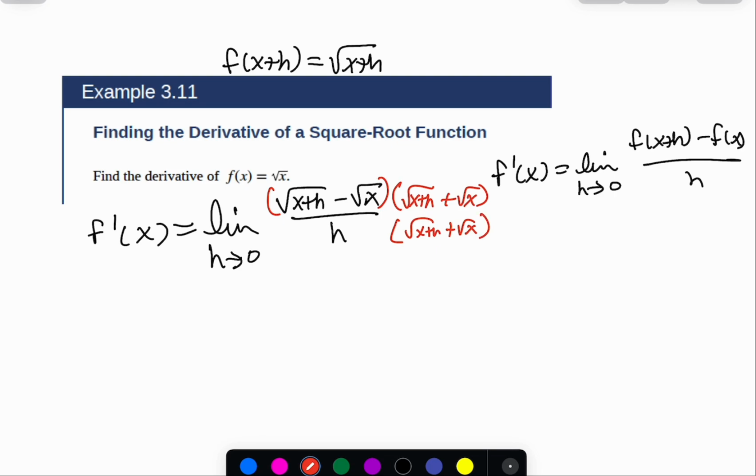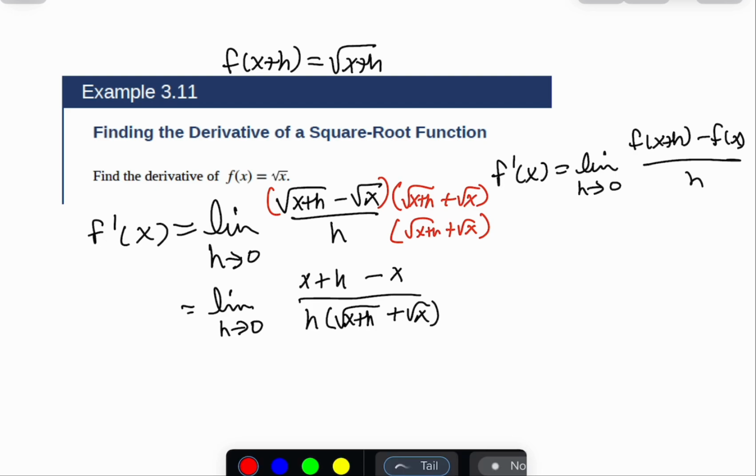Now, when we multiply by the conjugate on the top, that's the one we have to fix. So it's just going to be the difference of squares. So it's going to be the first term squared minus the second term squared. And the bottom, don't worry about it. Leave that conjugate just sit there.